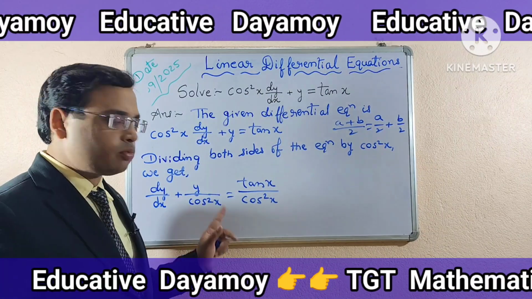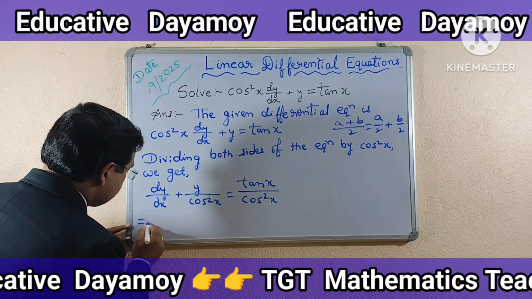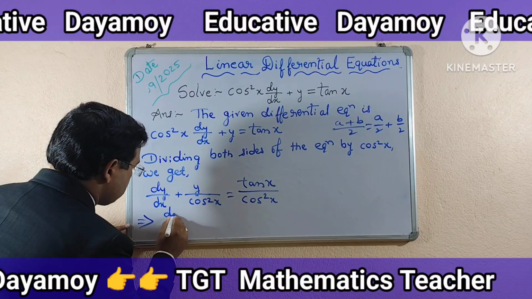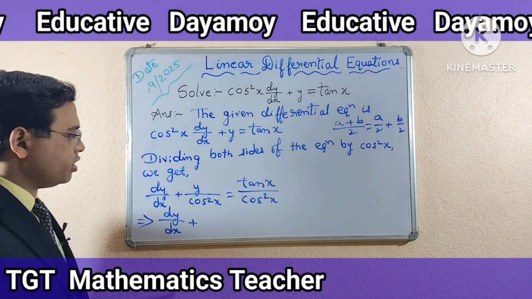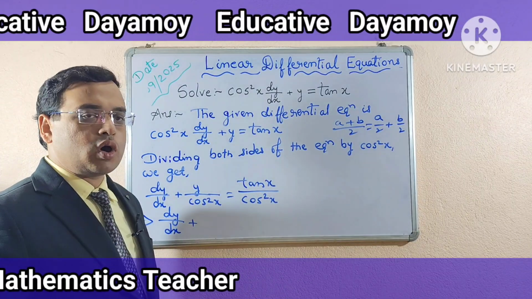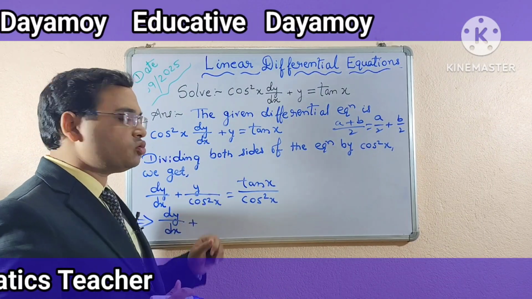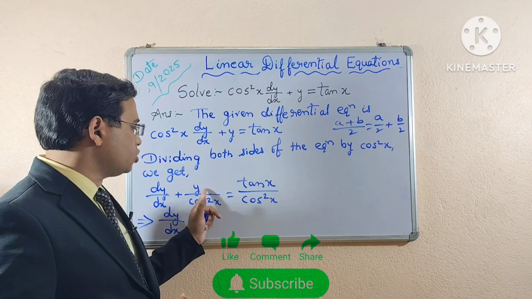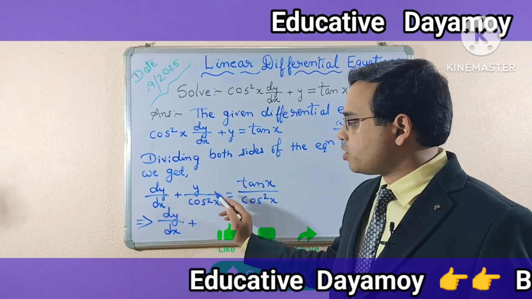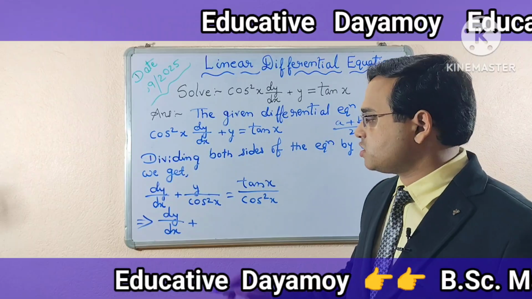manner. Now see, the next step will be, it implies that dy by dx plus, okay, y by cos square x. Y by cos square x means y into sec square x. Here nothing is there, means into 1 is there, into 1 by cos square x. Now 1 by cos square x means sec square x.